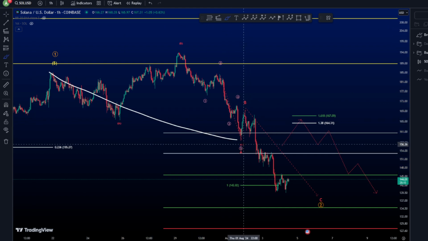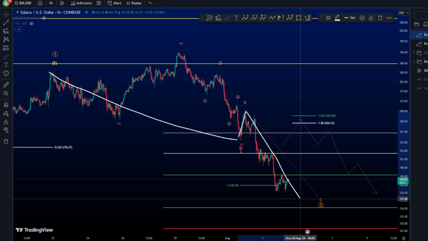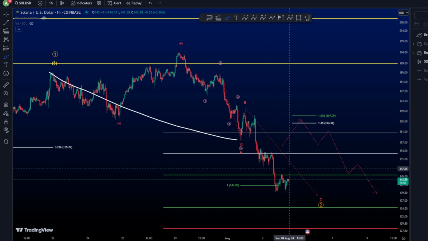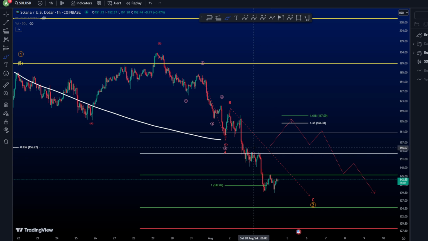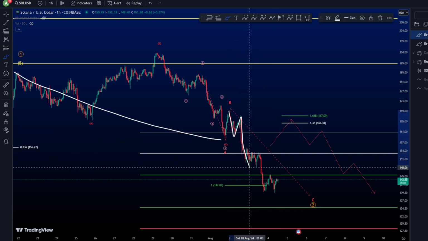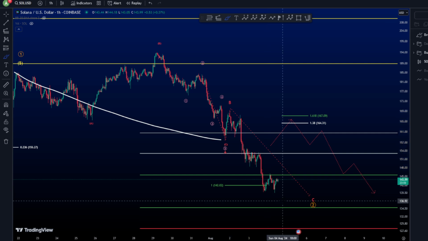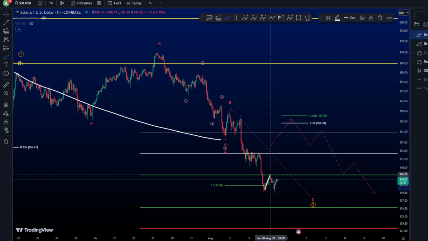So we have now A, B, and a C towards the downside, right? Now a wave C should be of course impulsive in 5 waves, where we can see already 1, 2, 3, 4, and 5, right? Finished a 5 wave perfectly, and even one more 5 for a lower low, right?